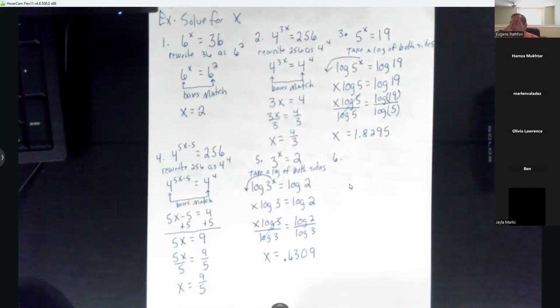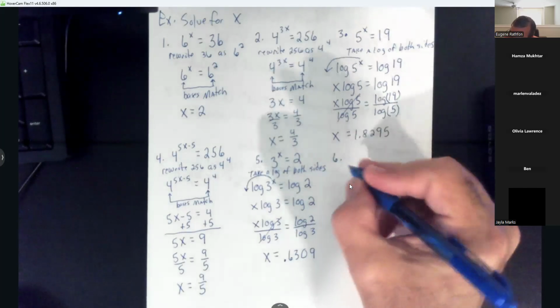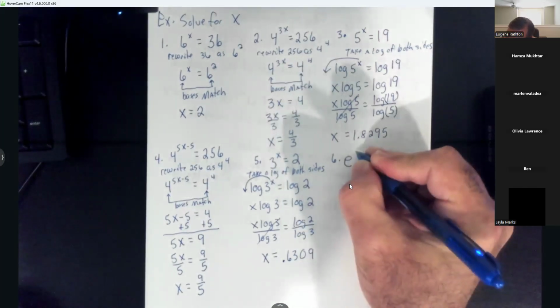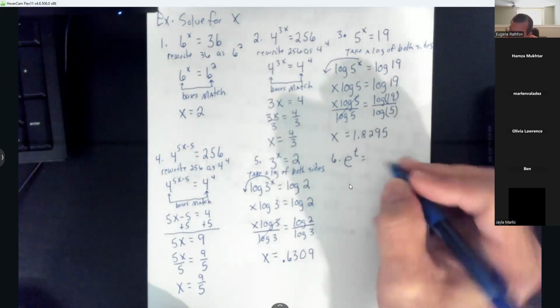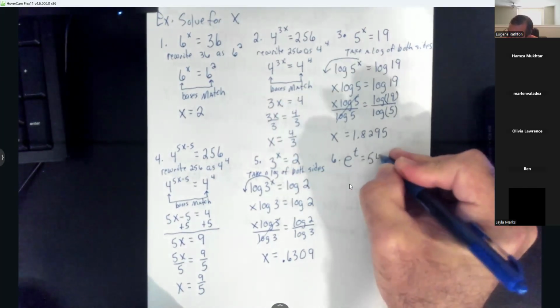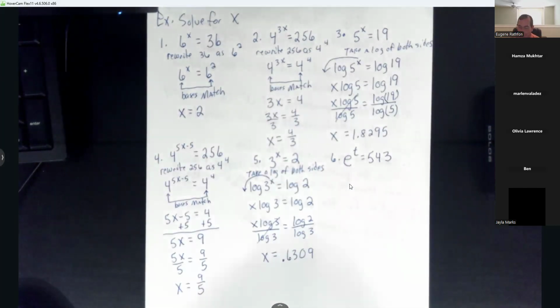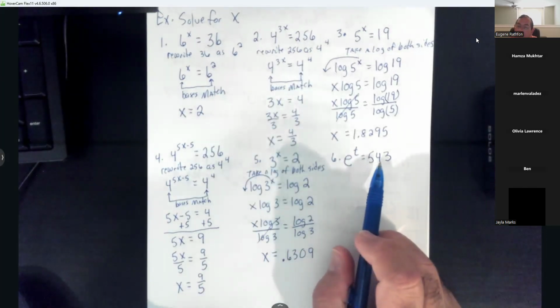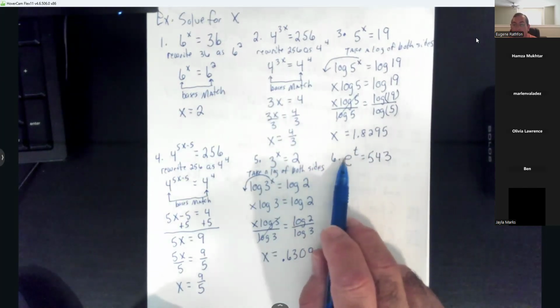So let me show you one where I would really use the ln. I've got e to the t equals 543. All righty. I'm not even going to attempt to rewrite 543 using the base of an e.